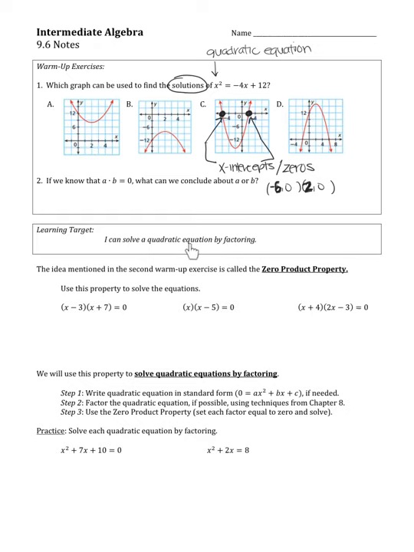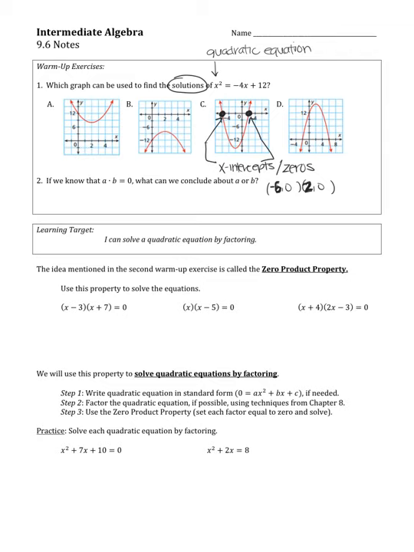I can solve a quadratic equation by factoring, and the way to do that requires the zero product property, which reminds us that if two things multiply to be 0, either the first part equals 0 or the second part equals 0.